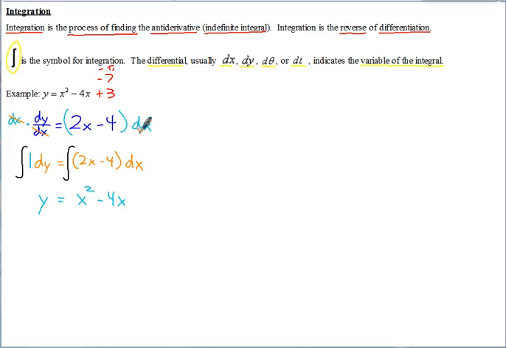So when you're finding the antiderivative, you have to account for that unknown constant. It didn't have to be 0, it could be any of these, and we'd have the same derivative. So we do that by putting a plus capital C to represent that constant. And that's one reason why it's called an indefinite integral. You don't have a definite answer because of that unknown constant unless you're given more information.